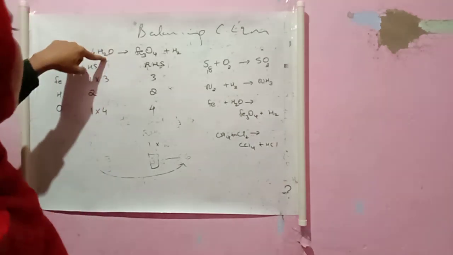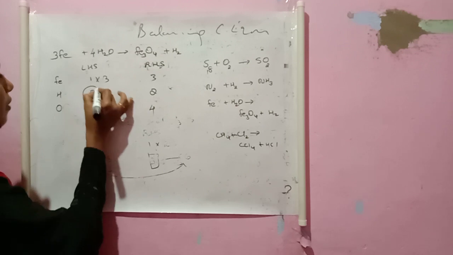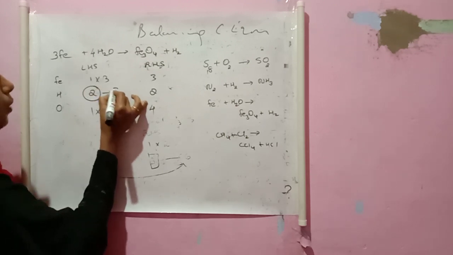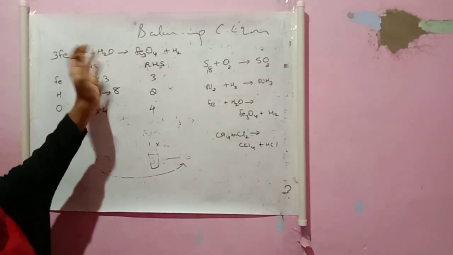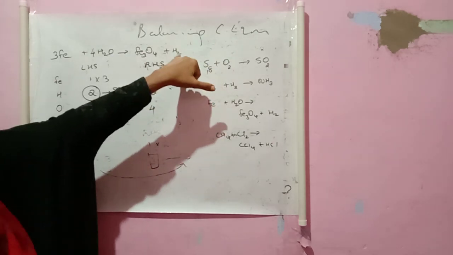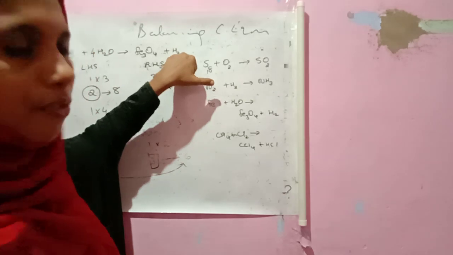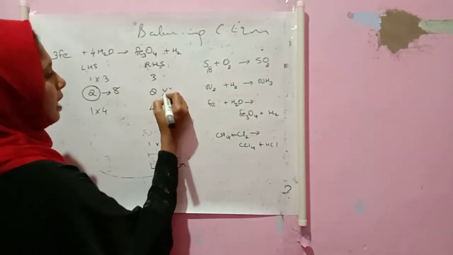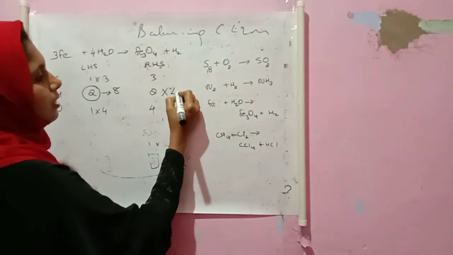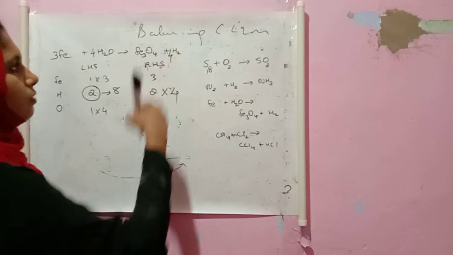So this side of hydrogen changed to 8. So we have to make a change in the RHS side, by which 2 hydrogen atoms change to 8. I am multiplying this one by 4.